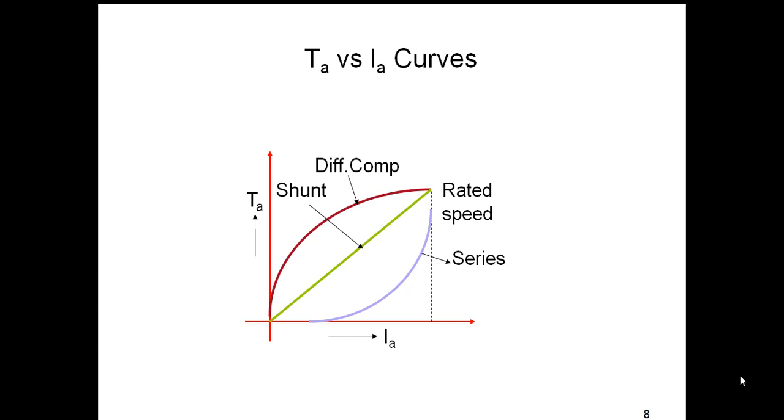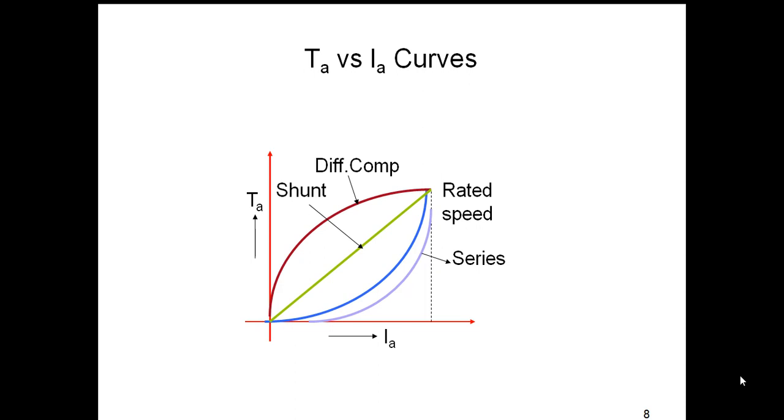And this is the differential compound motor, nothing but it is the short shunt compound motor. There the series flux opposes the shunt flux. Whereas in a cumulative compound motor, the series flux aids the shunt flux.